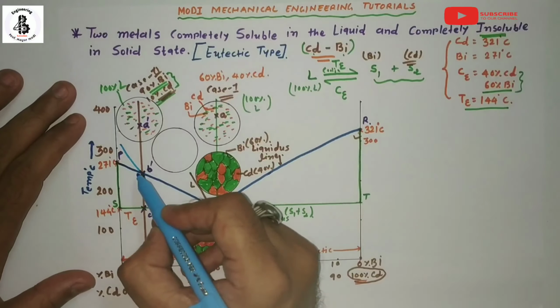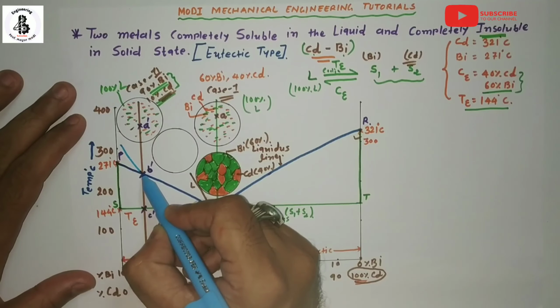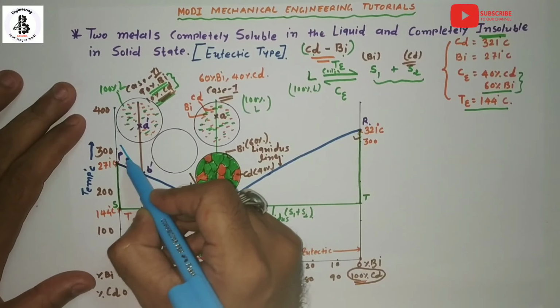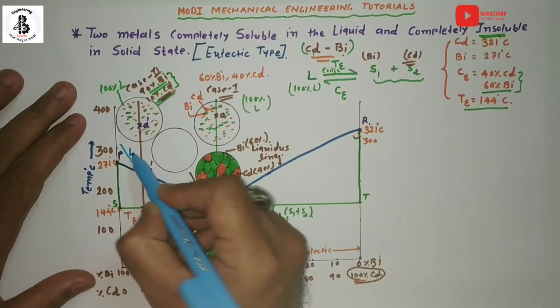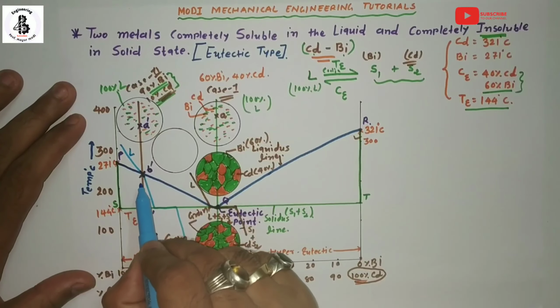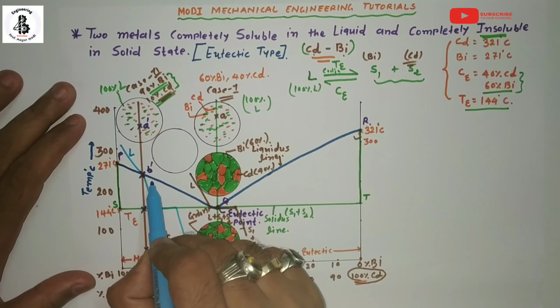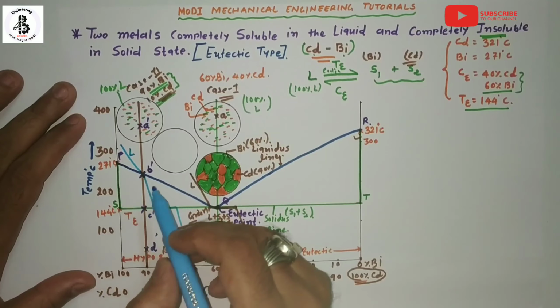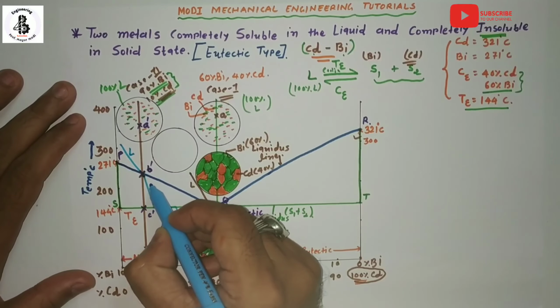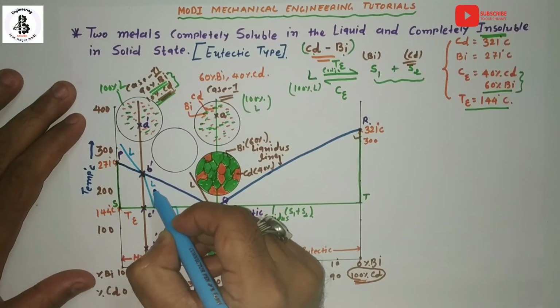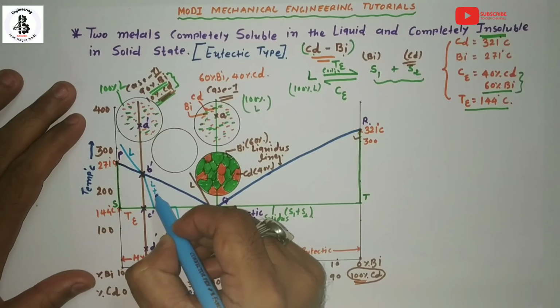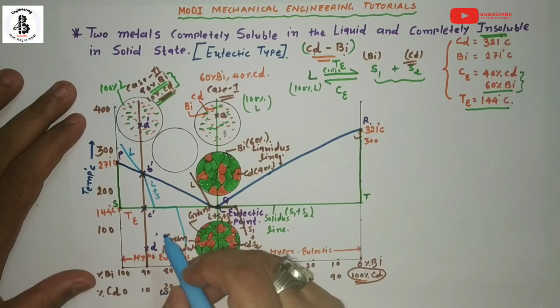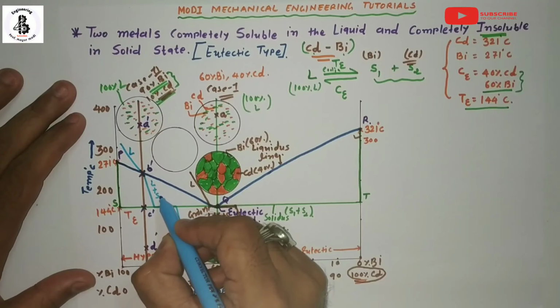Here, all the portion above the liquidus line makes 100% liquid. Once it touches the liquidus line, that will be the starting point of solidification. After this, it will make solid particles, so liquid plus S1.